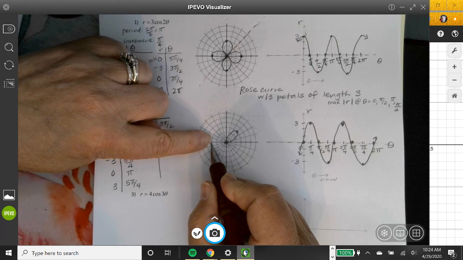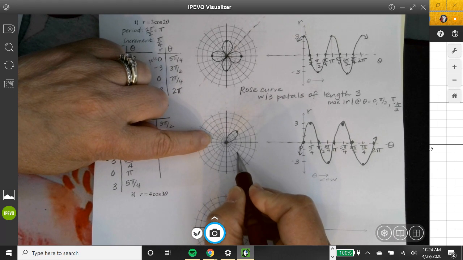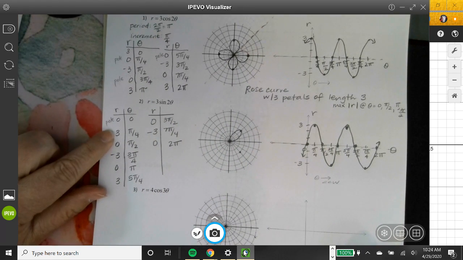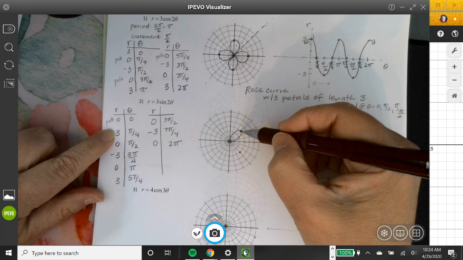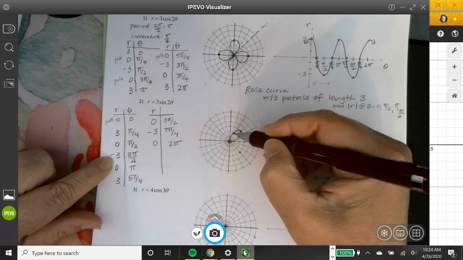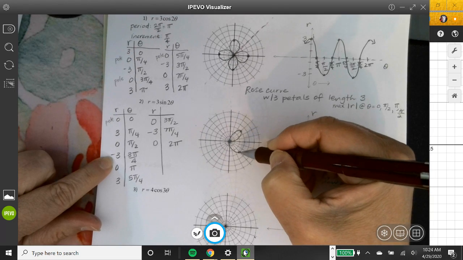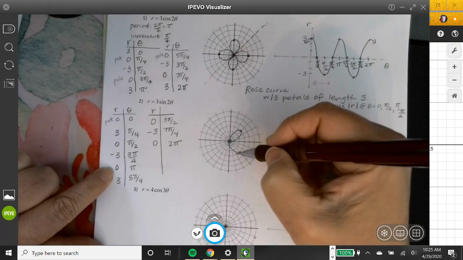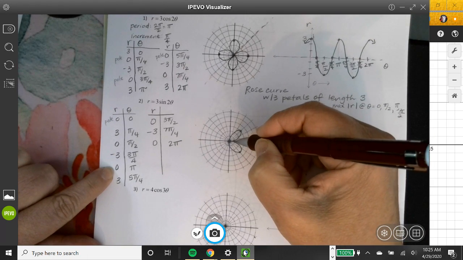Okay, so this is pi over 4, and this one would be 3 pi over 4. So what's going to happen is I'm going to go from this point out here, pass through the pole, and end up at this point. And then what happens? I have to head back to the pole.